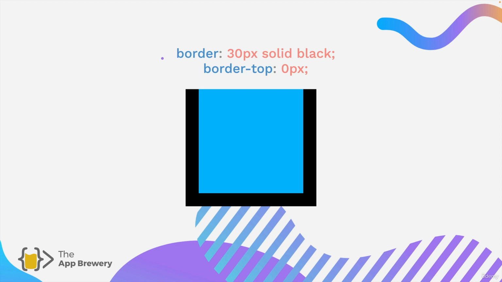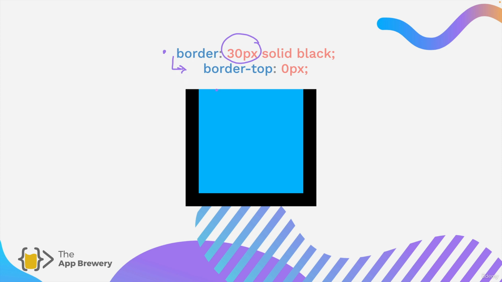Now, once you've defined a border, you can further modify it with more specific rules. So for example, in this case, I've got an all-round 30 pixel solid black border around my element. But then afterwards on the next line, and this is very important where this line goes, it has to go after the point where we've created the border.